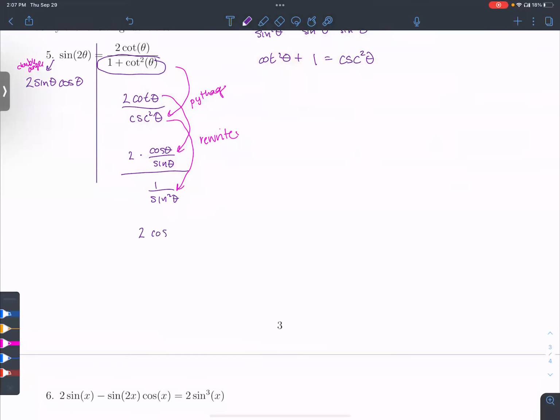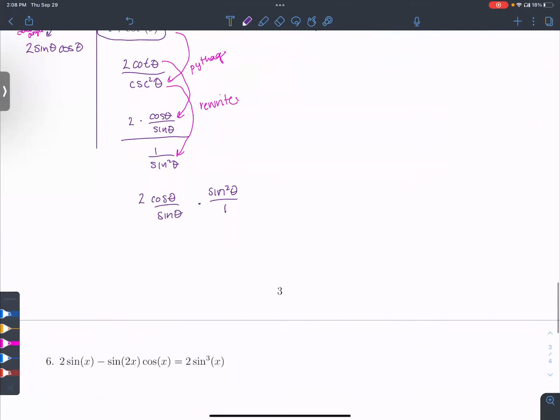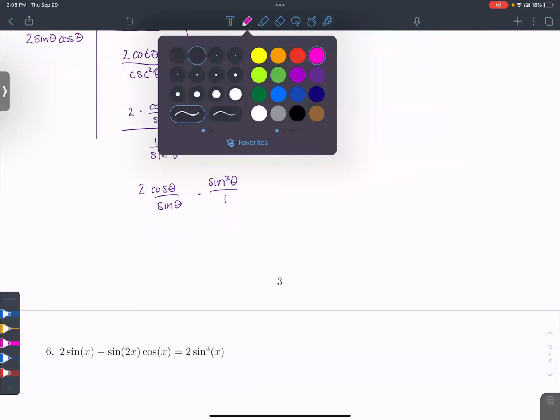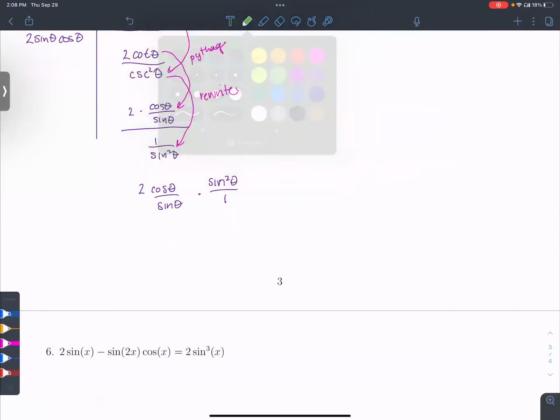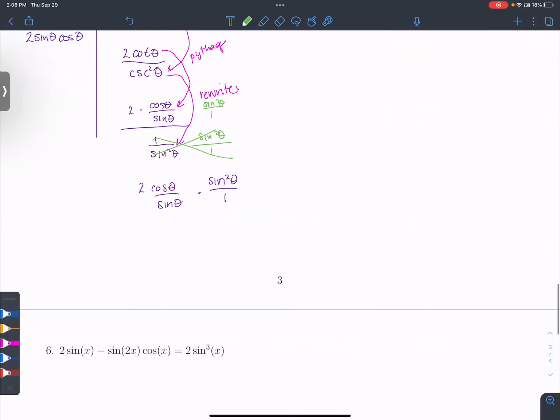So I have 2 cosine theta over sine theta times sine squared theta over 1. Flip that bottom and multiply, or think about getting rid of that denominator. To get rid of that denominator, you would multiply by sine squared over 1 on the top and bottom. So like down here, they go away, but then you've got multiplication up top, which is what we have here.